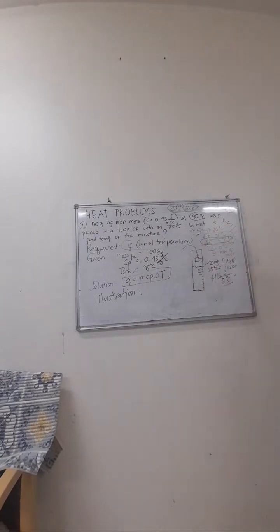In this concept, we need to remember the zeroth law of thermodynamics. As you can remember, we have the laws of thermodynamics: the first law, the law of conservation of energy; the second law, the law of entropy; and the third law. This is the zeroth law. What do we mean by the zeroth law?